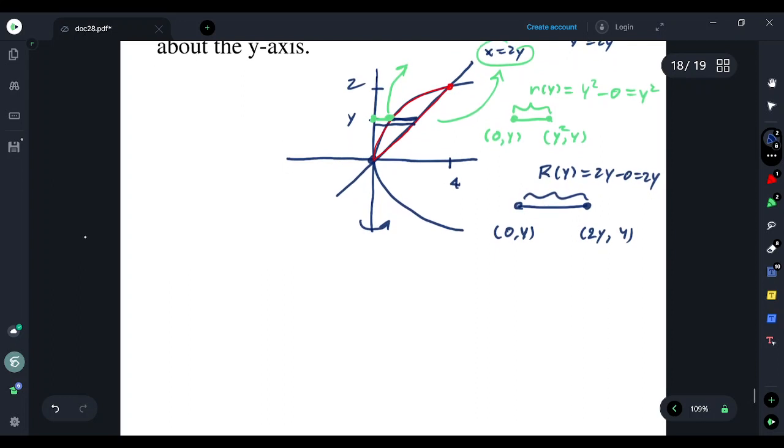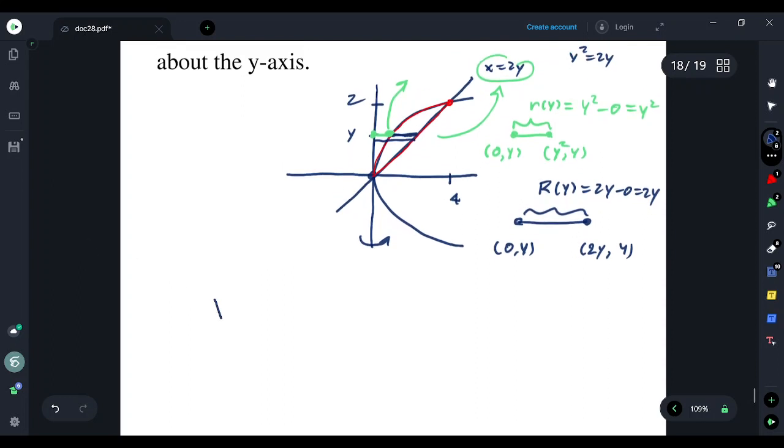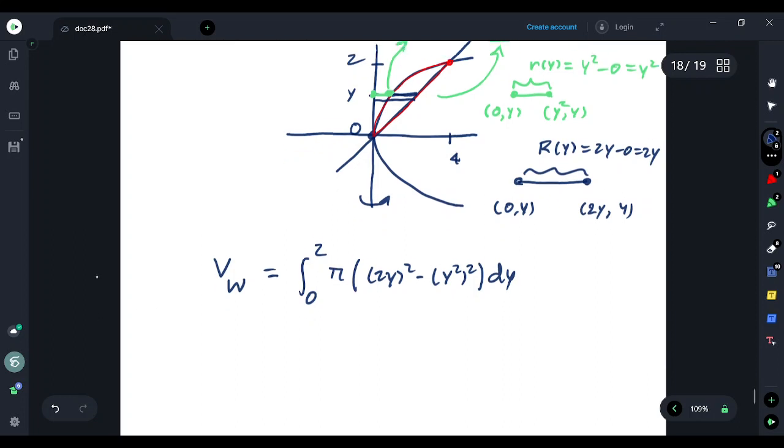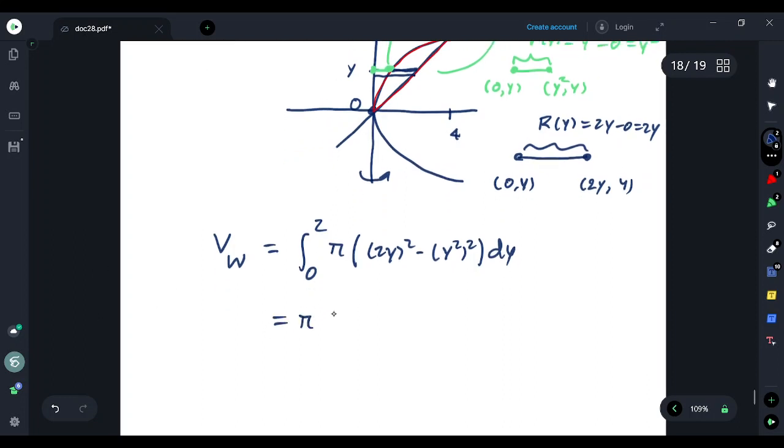So knowing the larger and smaller radius, we can calculate the volume of the washers by integrating from 0 to 2 of pi times the larger radius squared minus the smaller radius squared, so (2y) squared minus (y squared) squared, dy. This is pi times the integral from 0 to 2 of 4y squared minus y to the power 4 dy.